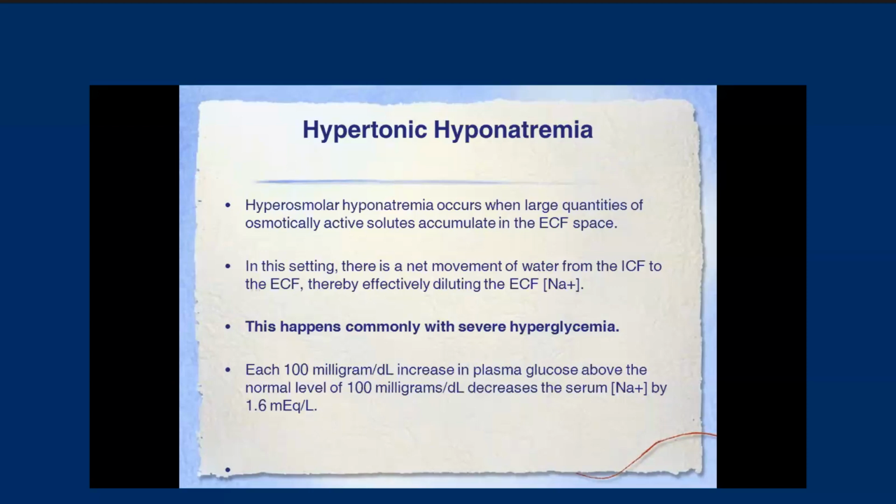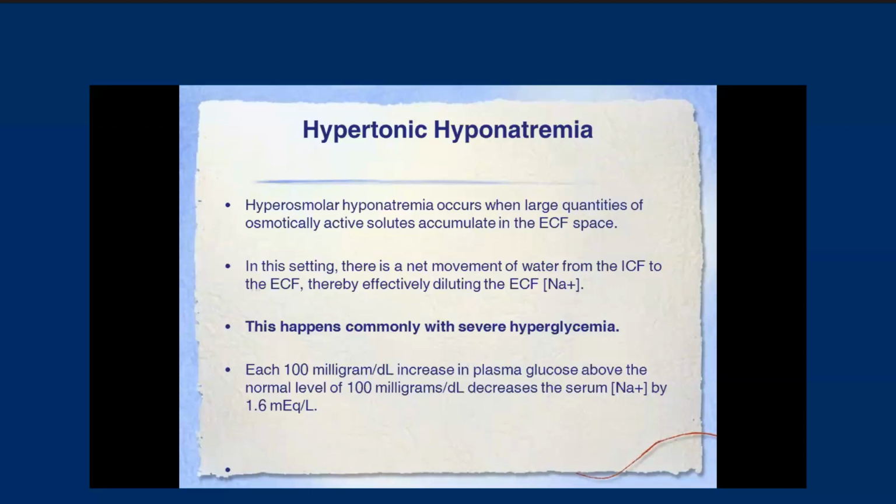As a consensus, for each 100 milligram per deciliter increment in plasma glucose level above 100 milligram per deciliter, the serum sodium will decrease by 1.6 milliequivalents.